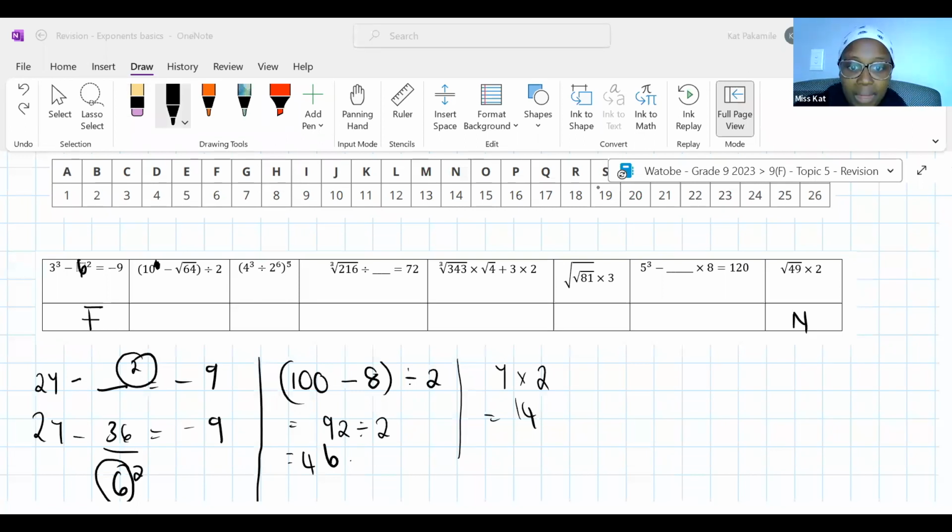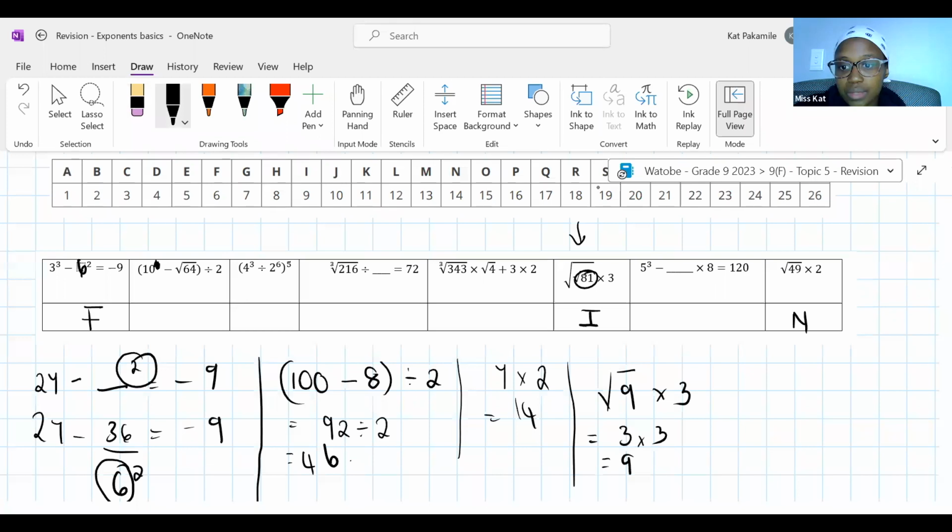This one with the square root and square root, you first work out the square root that's inside. So you're going to have the square root of 9 times 3, which is 3 times 3, which is back to 9. So we have an I there. Looks like your word is going to come together, guys. 5 cubed is 125 minus something times 8.